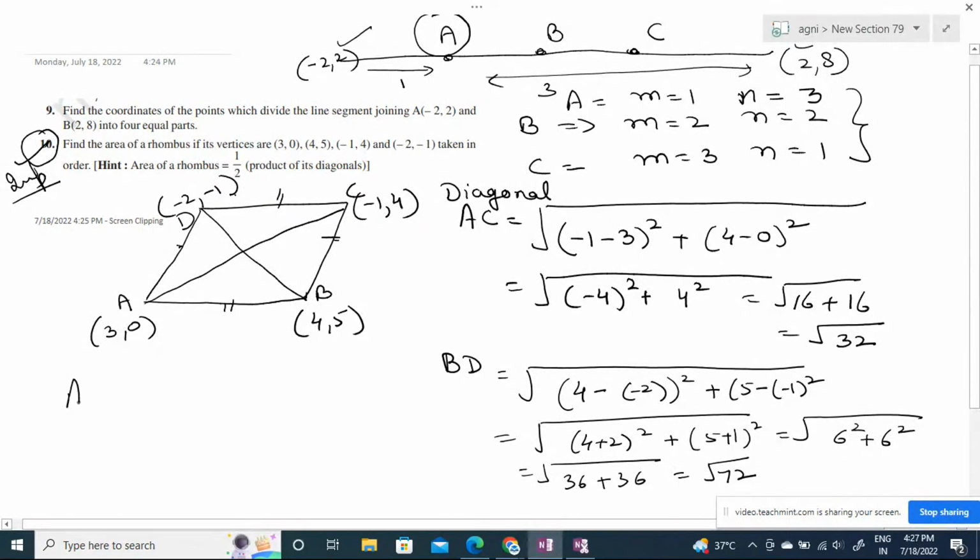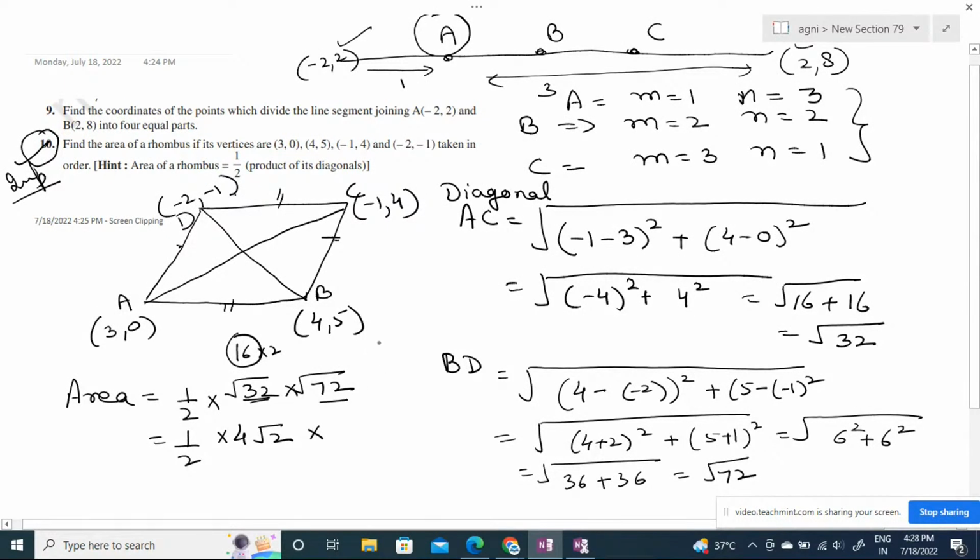Now area is half of the product of the diagonals, that is half into under root 32 into under root 72.